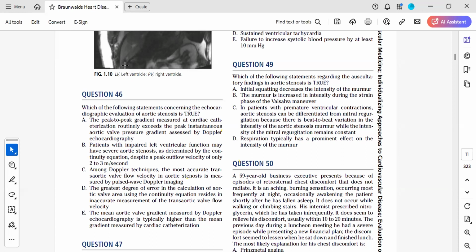Option B: patients with impaired LV function may have severe aortic stenosis as determined by the continuity equation despite a peak outflow velocity of only 2 to 3 meters per second. Option C: among Doppler techniques, the most accurate transaortic valve flow velocity in aortic stenosis is measured by pulse wave Doppler imaging.